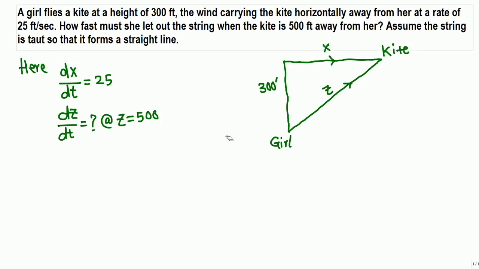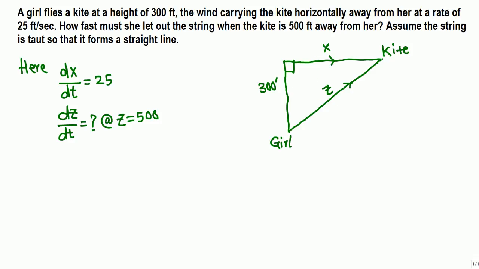Okay, and it says assume the string is taut so that it forms a straight line. That's the case, so we have a right triangle. By the Pythagorean theorem, a square plus b square equals c square.